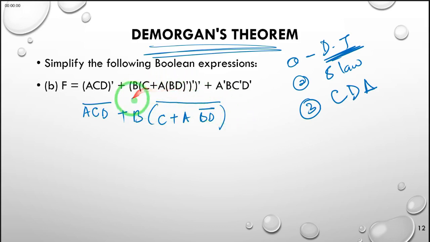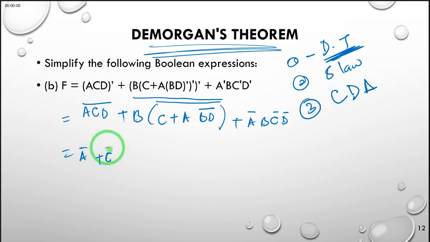Again, up to this B where the bracket is, there is another bar right there, plus A bar B C bar D bar. So we want to work with bars that are connecting only one variable. The first one we'll simplify becomes A bar plus C bar plus D bar.